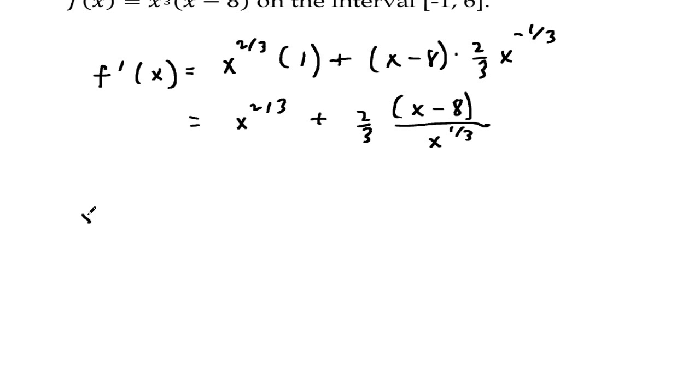So x equals 0. That's one critical number. Everywhere else this expression is defined. So let's check what happens when you set it to 0.